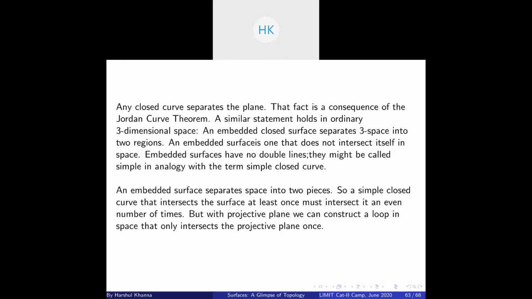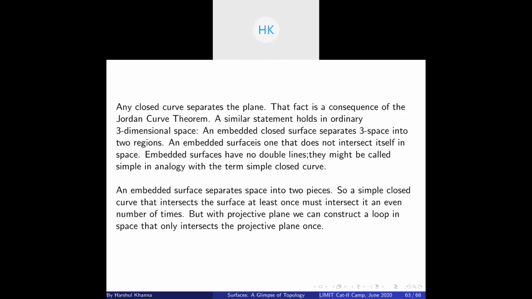So we try to find this analog of the statement in higher dimensions. So a similar statement holds in ordinary three-dimensional space. An embedded closed surface separates three space into two regions. So an embedded surface is one that does not intersect itself in the space. So basically, embedded surfaces, let's say some examples are torus or sphere, right?